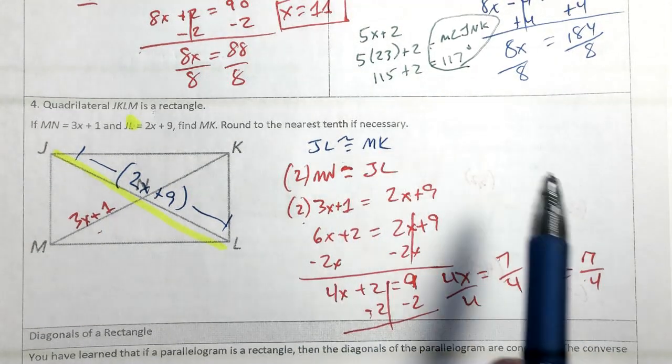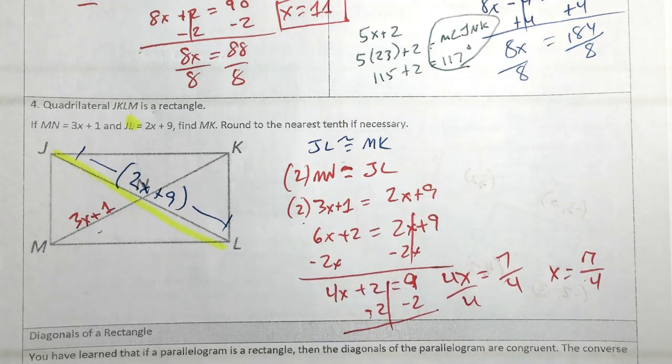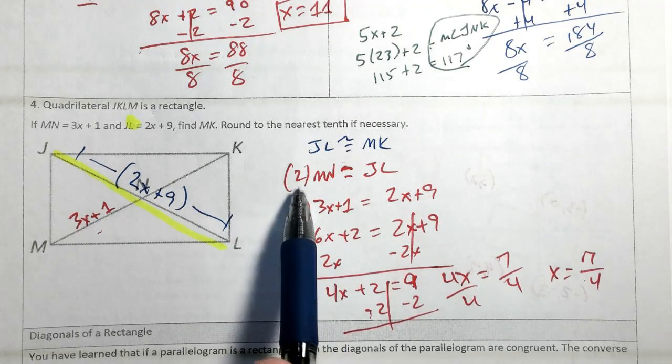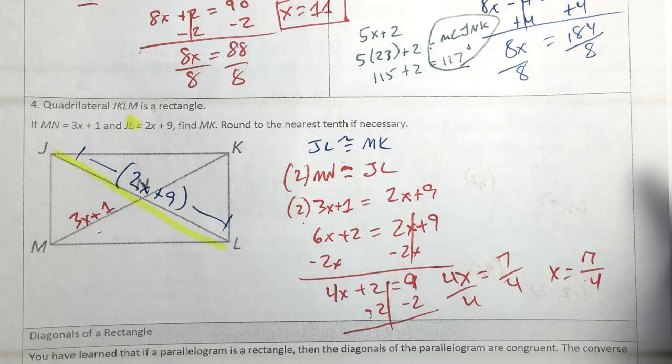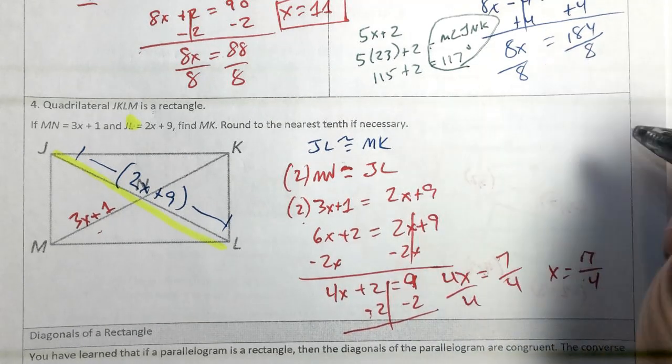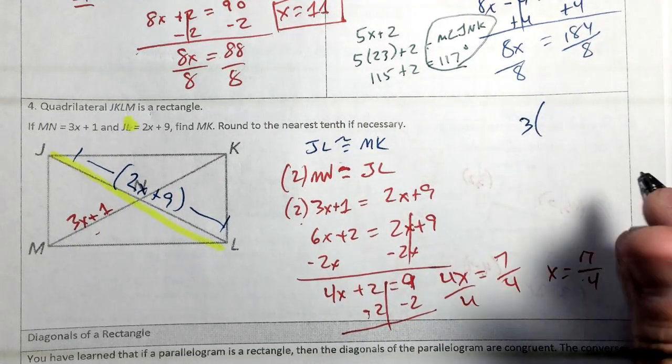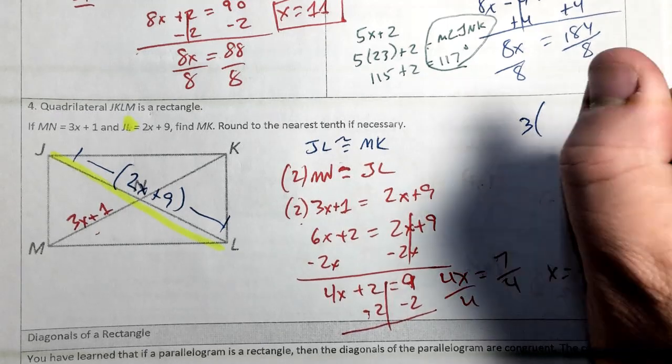All right, so 2 times MN was going to give us MK. Okay, sorry, I couldn't figure out what I did. So 7/4 is also 1.75.